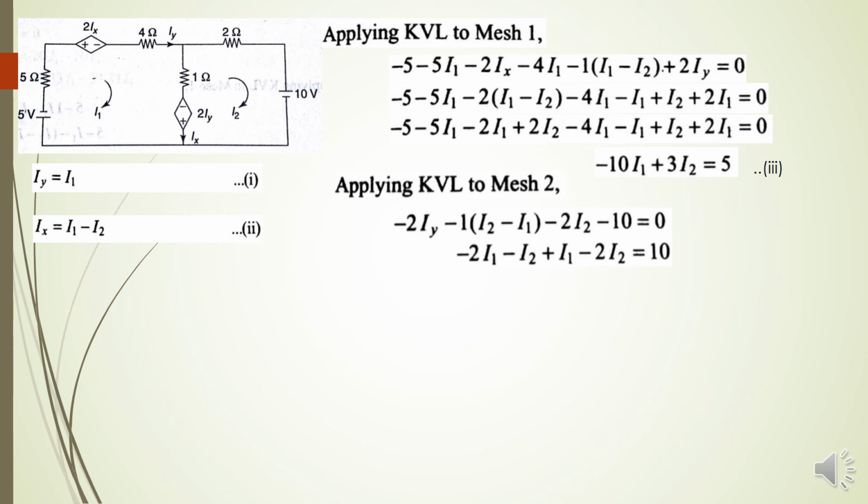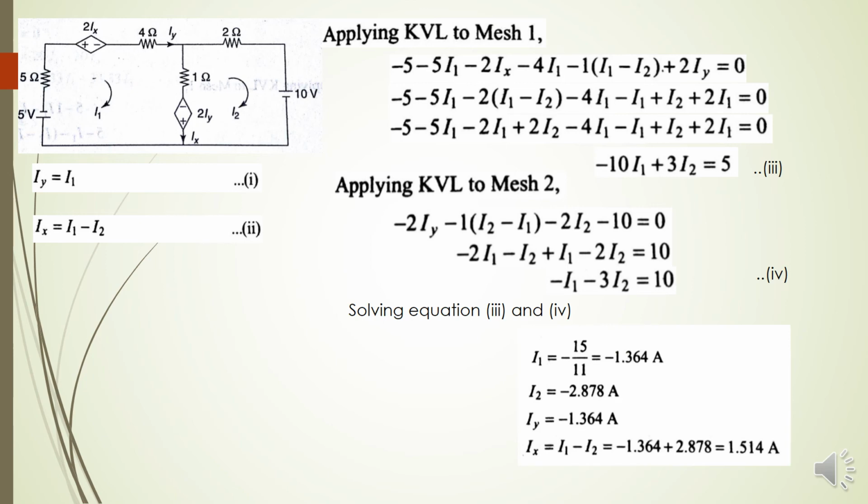Arrange this equation, replace Iy with I1, then you will get equation number 4. Now you solve equations 3 and 4 simultaneously. Then you will get the values of I1 and I2. Substitute the values in equations 1 and 2. So Ix will be 1.514 amperes.